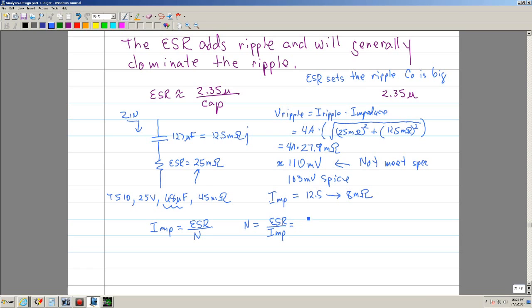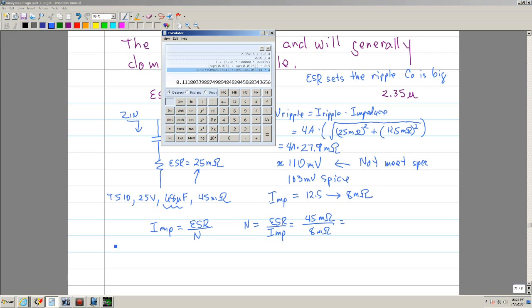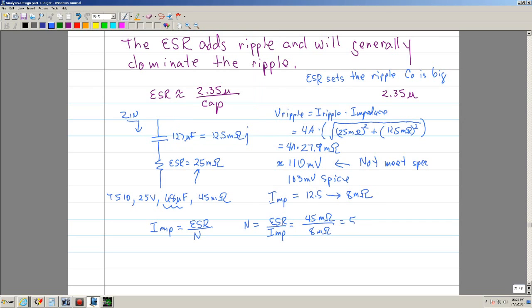In this case it's a 45 milliohm and we want 8 milliohm. So we can say 45 divided by 8. So we need at least 5. It's 5.6. Let's say 5.